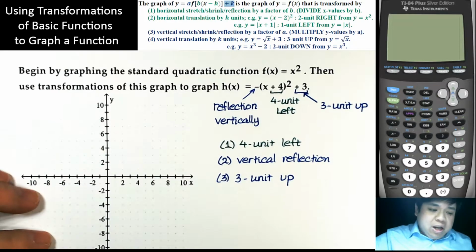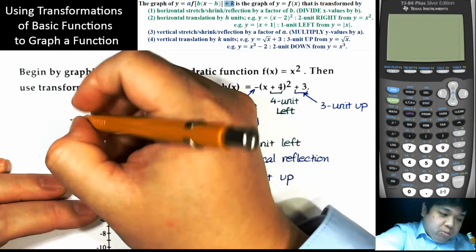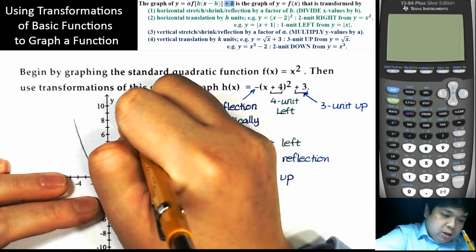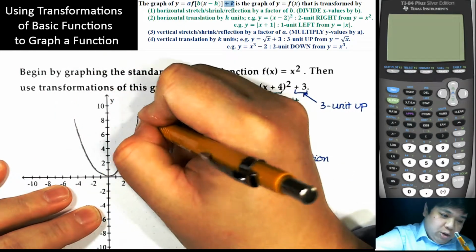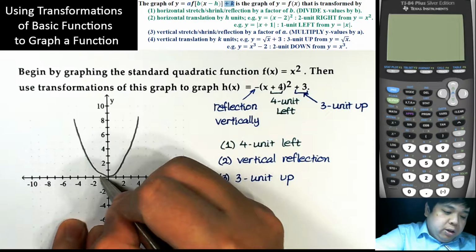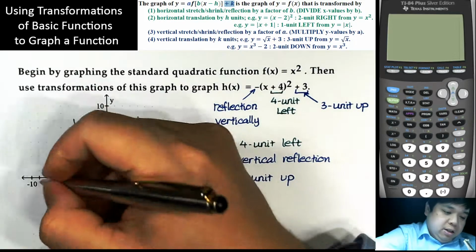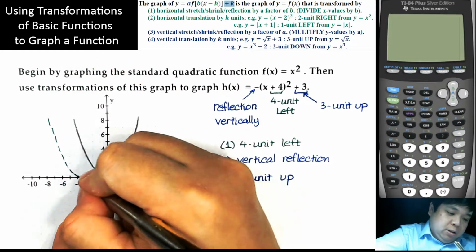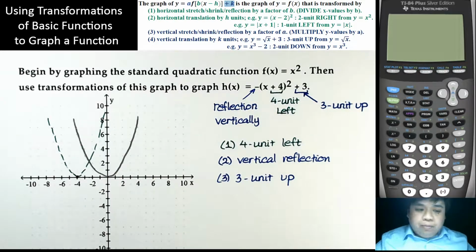So first, the basic function is x squared. We will not plot the perfect graph, we just get the idea of the transformation. So x squared looks like that. Just get the idea of x squared. Next will be 4 units to the left. So every point will go to the left 4 units, and so it will be like this. So just move 4 units to the left.